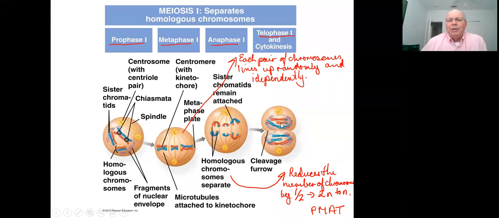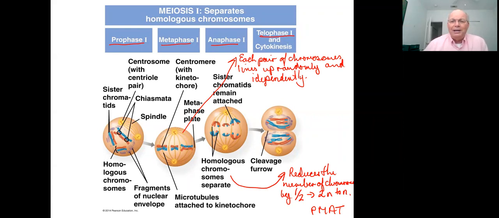Then, depending on whether we're making eggs or sperm, a new nucleus will form and cytokinesis will accompany telophase. So just as we saw in mitosis, new nuclei form up in the two daughter cells and cytokinesis occurs in parallel with telophase. So we see that happening here. Now, if we were creating sperm, this would most definitely be happening.